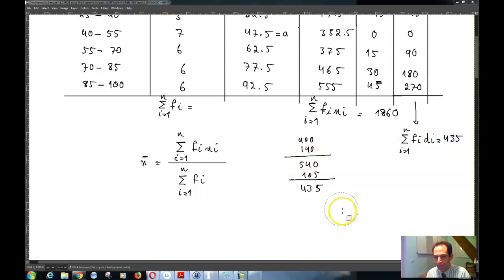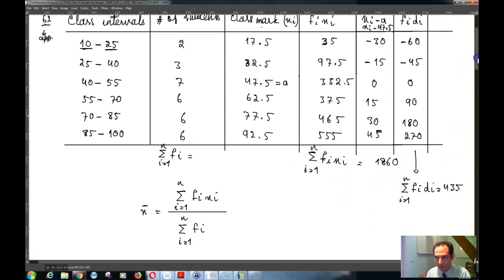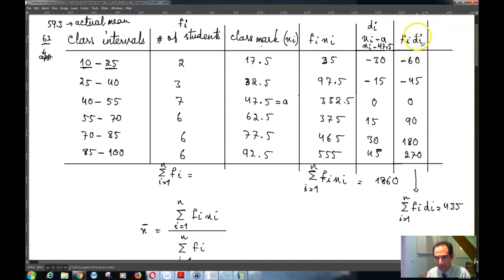435, right? And now if I want to calculate the mean of these deviations, I could calculate it as sigma f of i times d of i. So if I want to find the mean of these deviations, I would have to divide that basically by sigma f of i, of course.